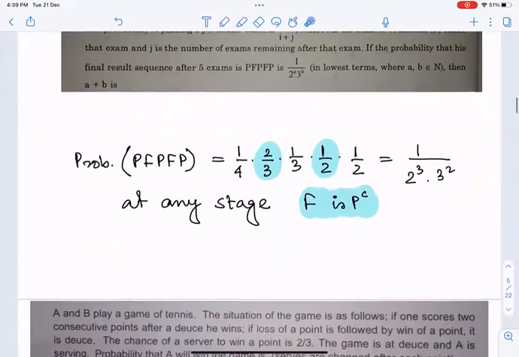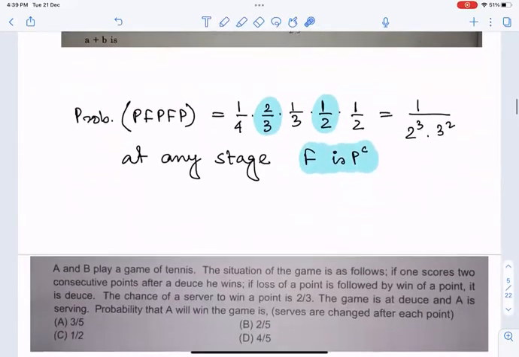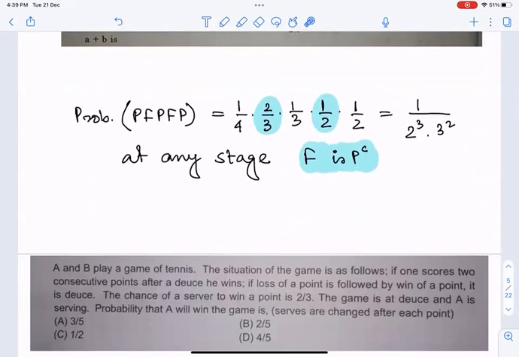The next problem is: A and B play a game of tennis. The situation of the game is as follows. If one scores 2 consecutive points after a deuce, he wins. If the loss of a point is followed by a win of a point, it is deuce. Deuce means you can think of a draw.